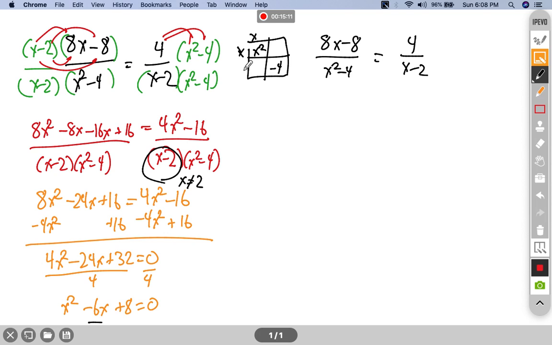I need a positive and a negative. If I go 2 and negative 2, I get 2x plus negative 2x, which is going to be 0. I have no x term. I got my negative 4. This is actually x minus 8 over (x minus 2)(x plus 2).